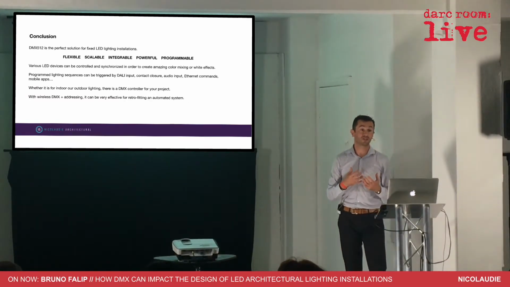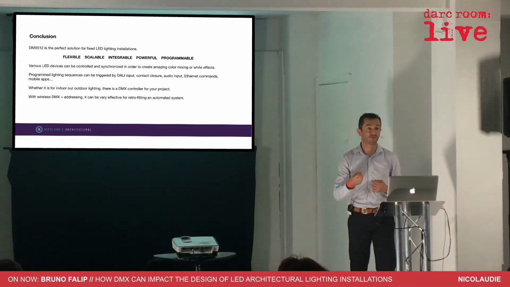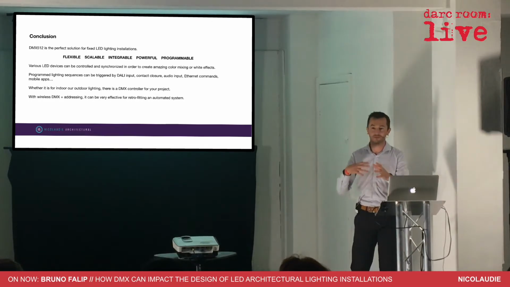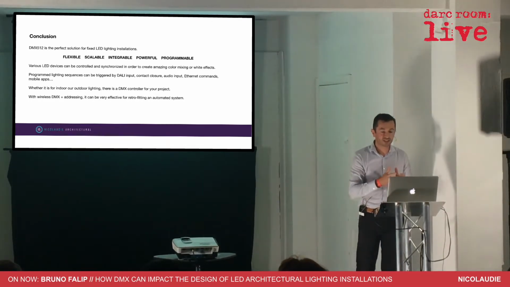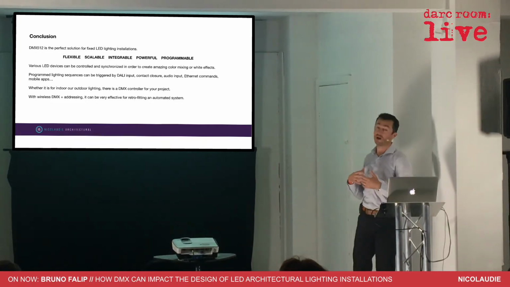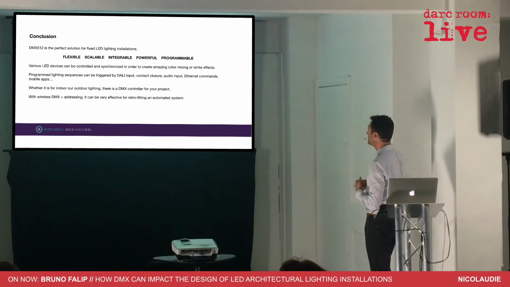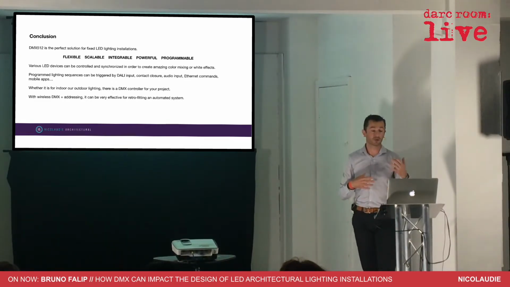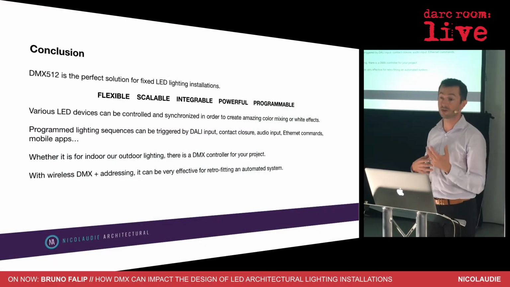It offers the possibility to program instead of using preset controllers, which sometimes give a couple of colors, but as long as you want to do something a bit more according to your needs, you will have to program it. And software helps a lot for this. Numbers of LED devices can be controlled and synchronized, and this is what helps to create amazing color mixing effects, or eventually white effects.